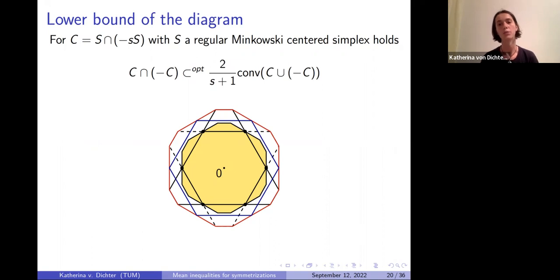The blue one corresponds to the arithmetic mean. And the red one corresponds to the maximum. So what this says is that, for the black dots to be optimally contained in the red one, you need to rescale the red shape by the factor of 2 over s plus 1.